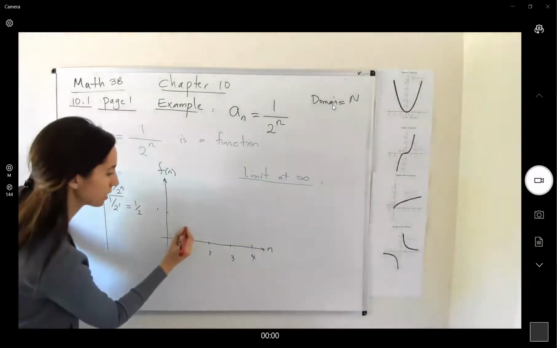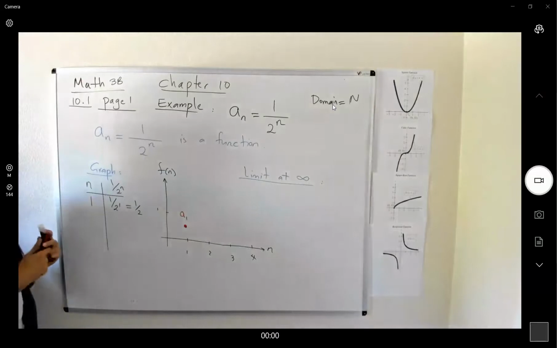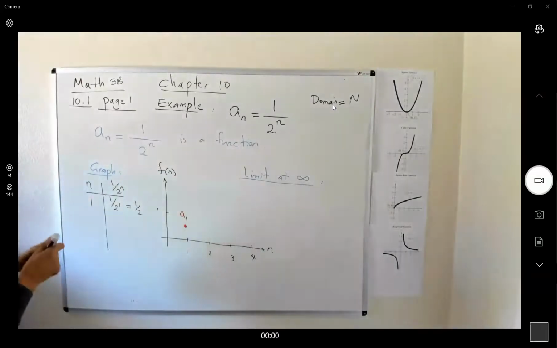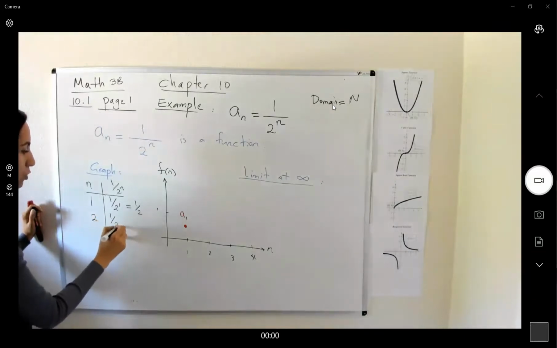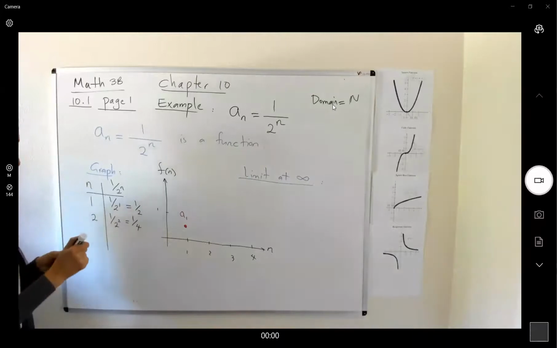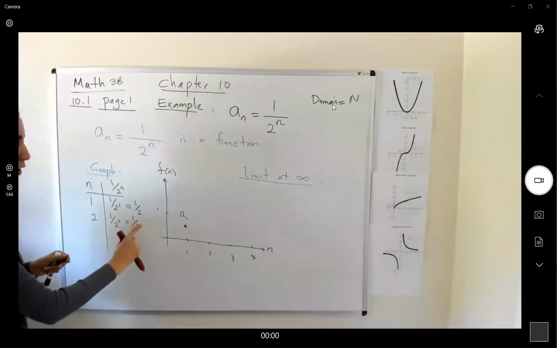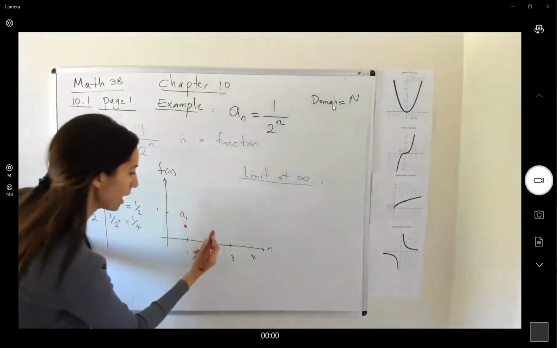One and a half is the first term of this sequence. Let's plug in 2. If you plug in 2, you get 1 over 2 squared, which is 1 over 4. The second term of this sequence is 1 over 4. So the second point is 2 and 1 over 4.